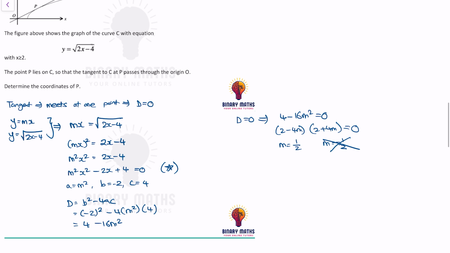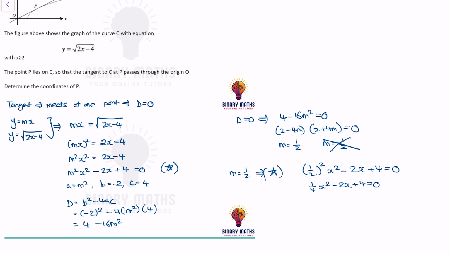Okay, so if m is equal to a half, it implies my combined function becomes half squared x squared, take away 2x plus 4 is equal to 0. Half squared is a quarter, so a quarter x squared, take away 2x plus 4 is equal to 0.